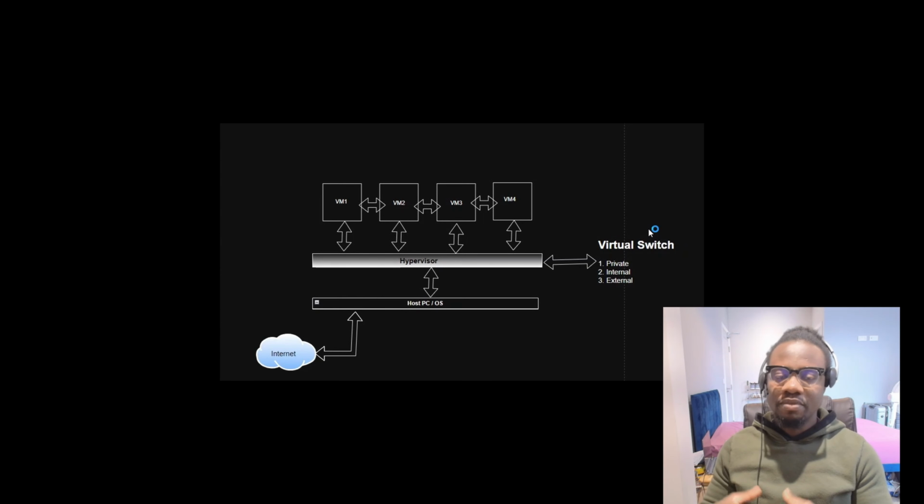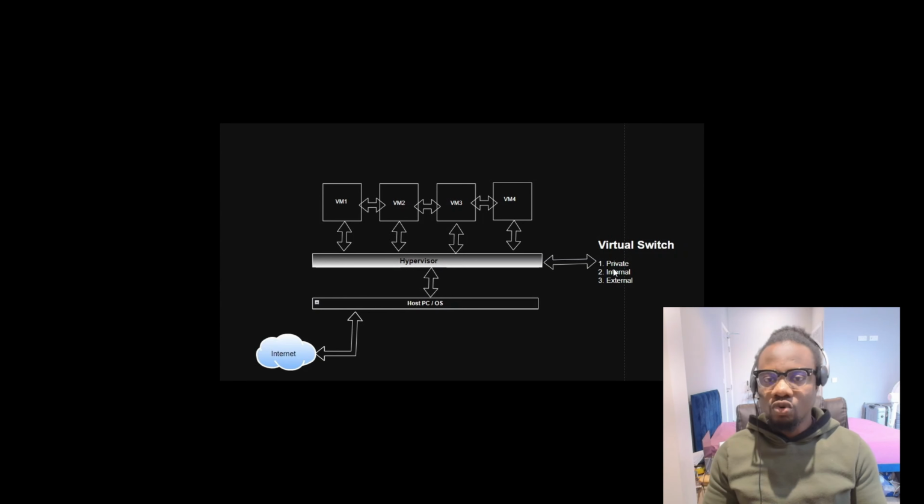Now, in Hyper-V, we have three types of virtual switches. We have the private, which is what we are seeing here. We have the internal and we have the external. Now, this private, when you set it up, it only allows communication between the VMs that you've set up.